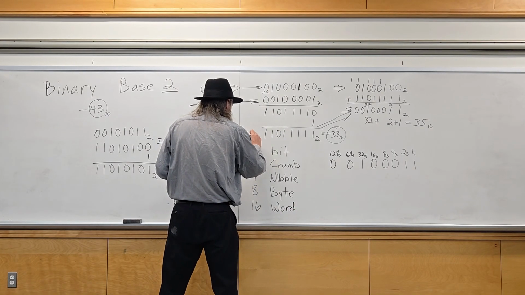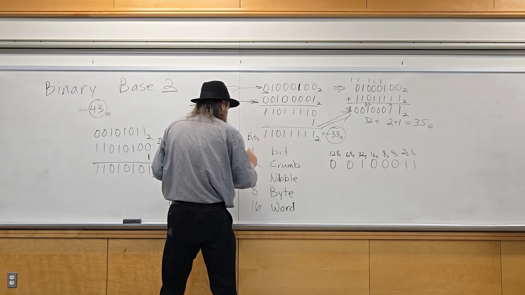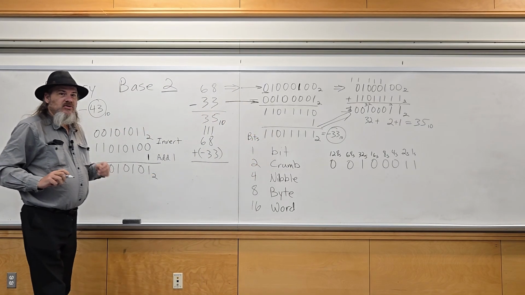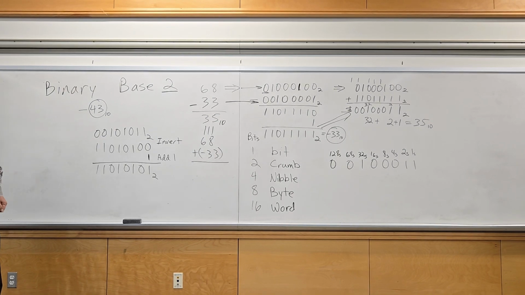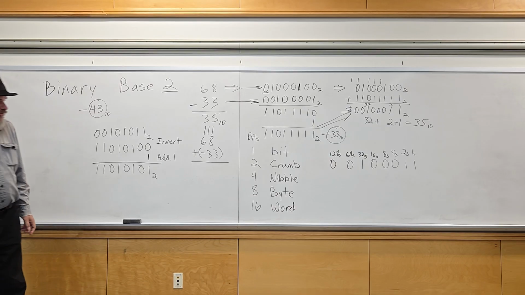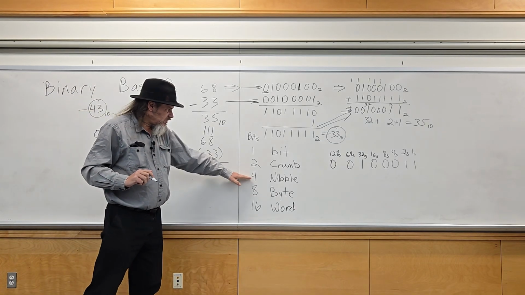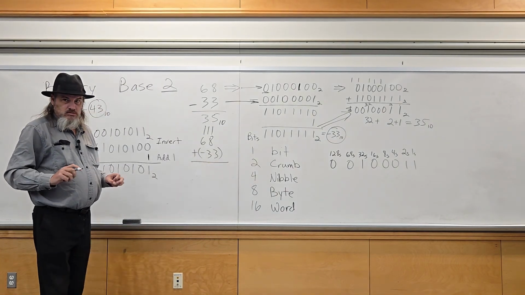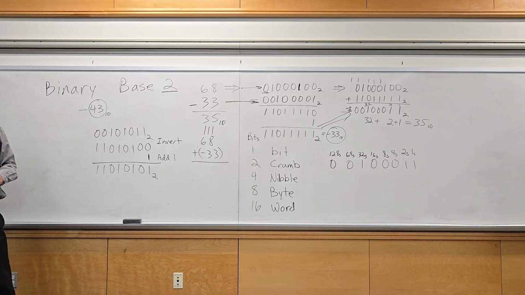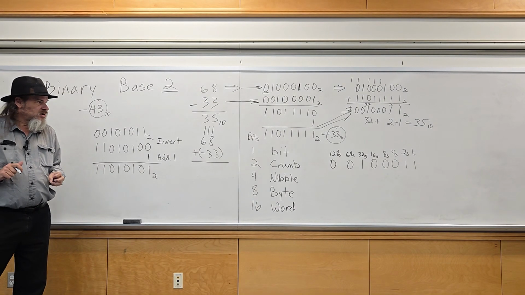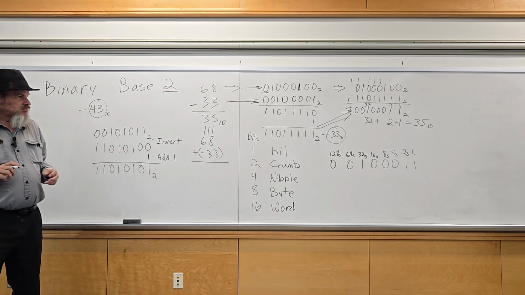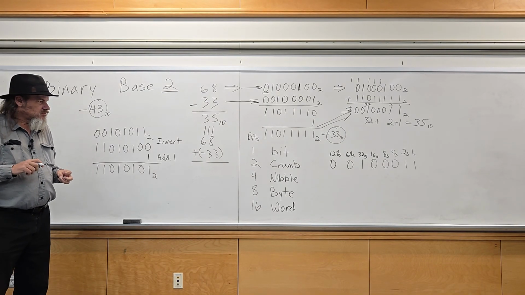So those are the different terms for each grouping. When we get into hexadecimal, we'll be dealing with nibbles primarily. Crumbs are hardly ever used as a term, but it is out there, so I put it on the board.